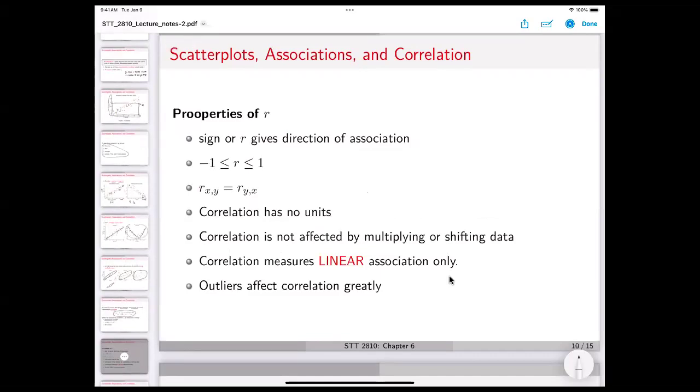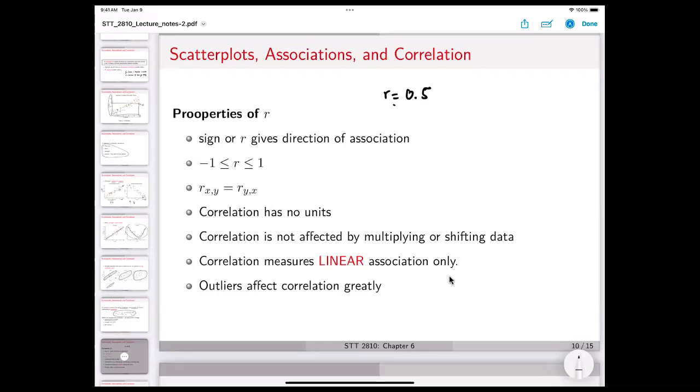What are the properties of R? One thing you have to have in mind is that the sign of R tells you the direction. For example, if you have R equals 0.5, what is the sign here? Do you all agree? The sign is positive, right? So if the sign is positive, it gives us the direction.